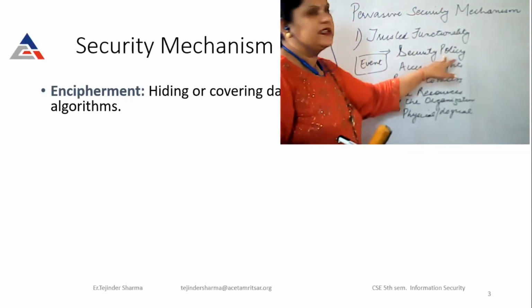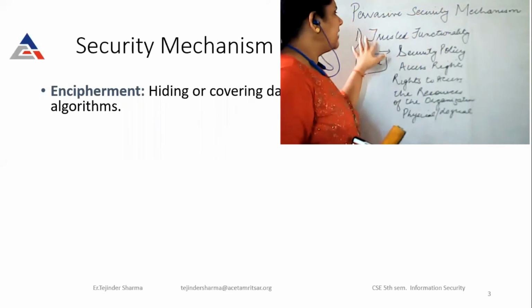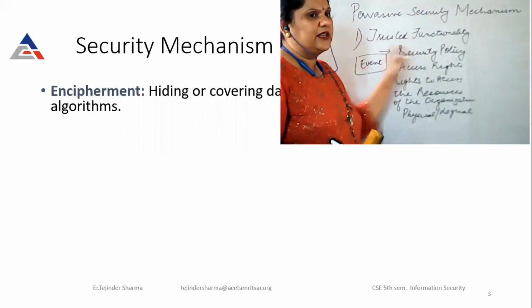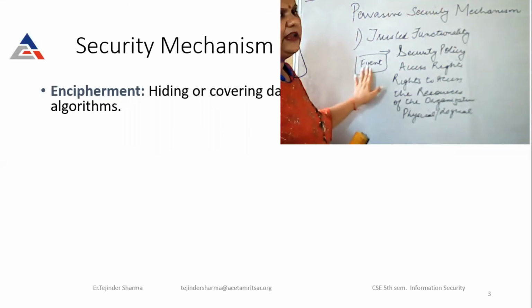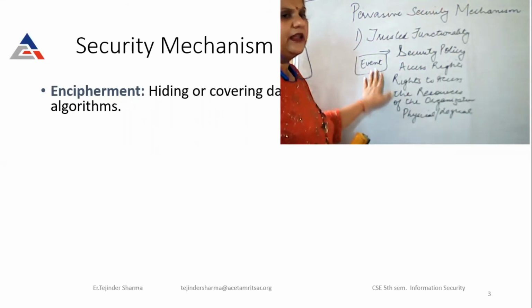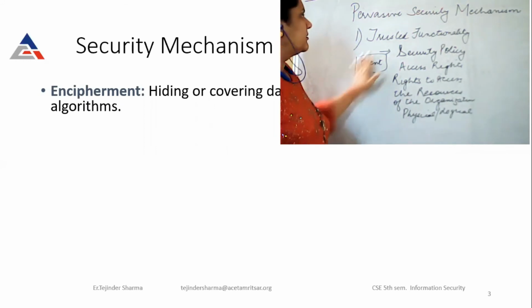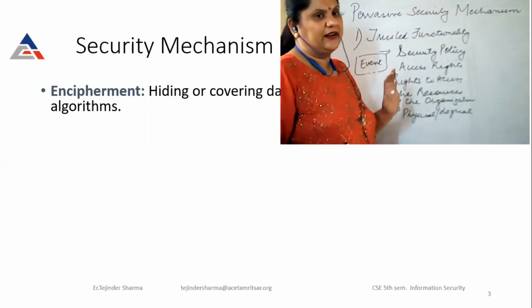So there is a trust in the security policy that nobody can violate it whenever any event is carried out in the organization by any employee. So this is called trusted functionality.